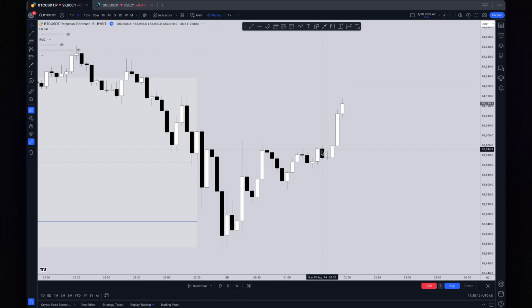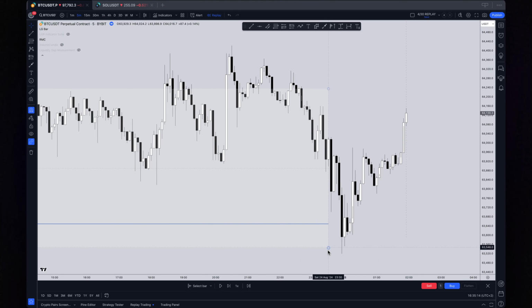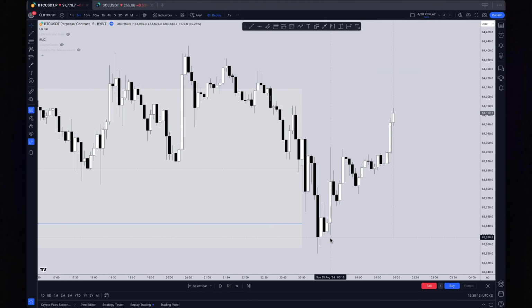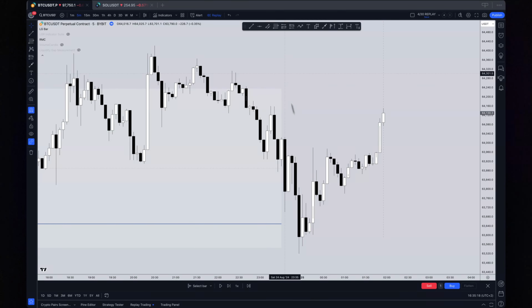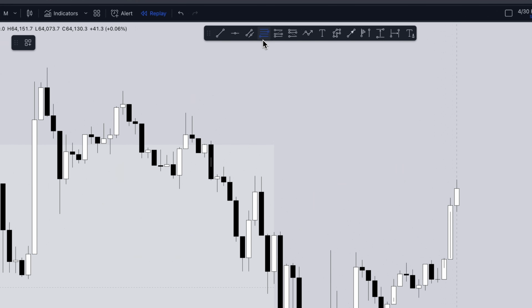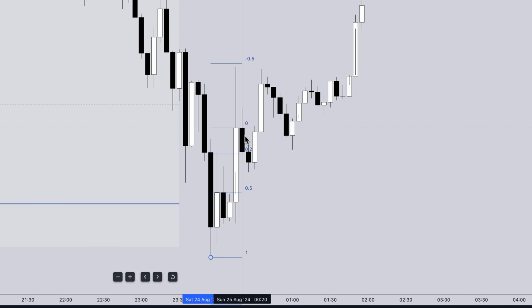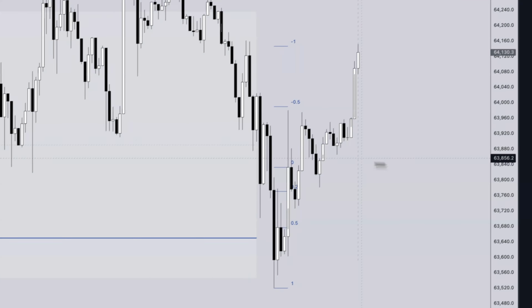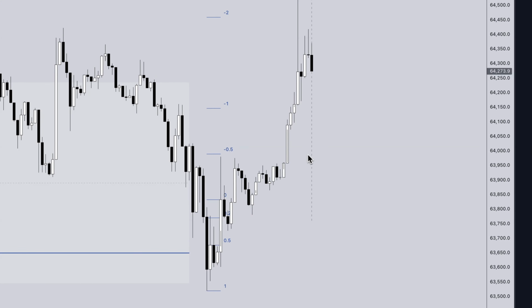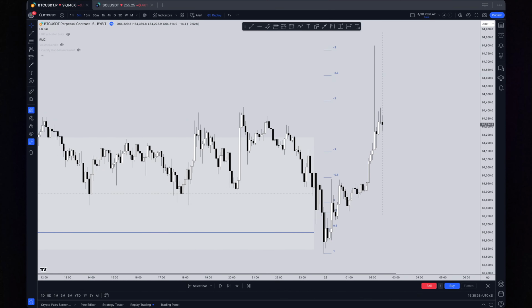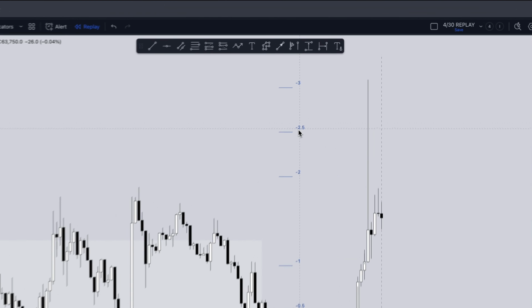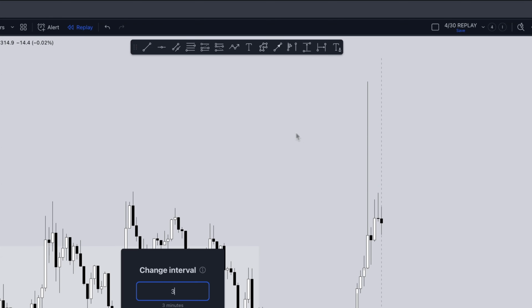One second, actually. That's a spike down that sweeps the low of the candle, forms a swing, has an LGC through. Okay, I missed this, but this could be an entry. Yeah, that would have been filled. But I didn't take it, so we're not going to count it.